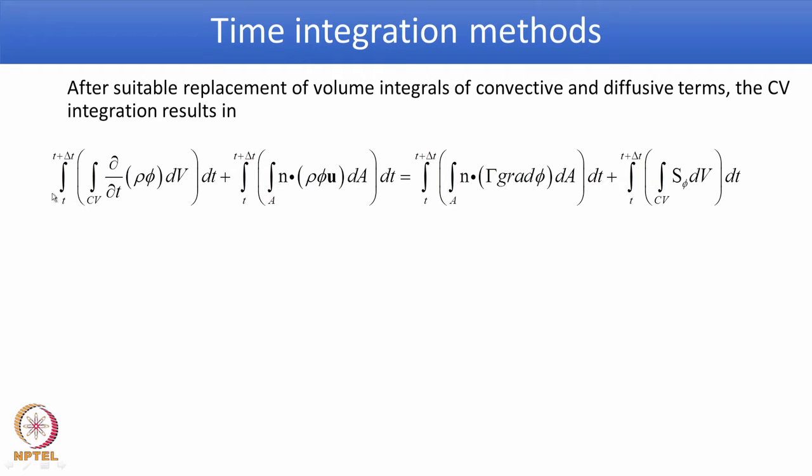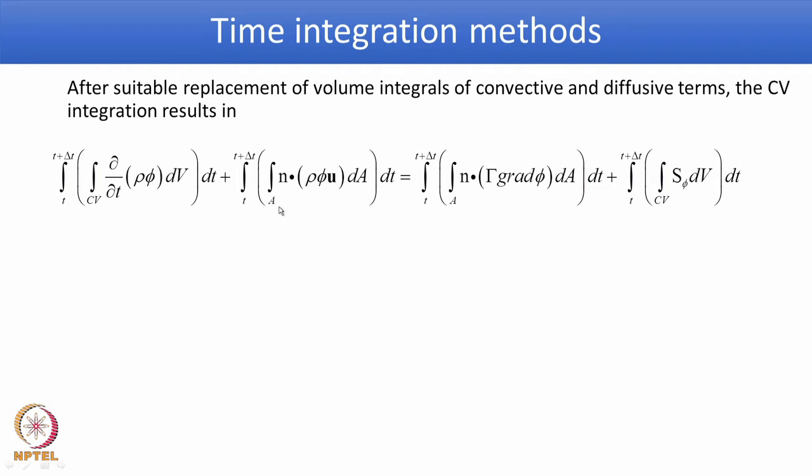So, you have a time derivative term. You go from present time level t by an increment in time delta t. So, the integration limit is from t to t plus delta t, and the first term, the time derivative term, is integrated within the control volume. That is a new term we are seeing for the first time.